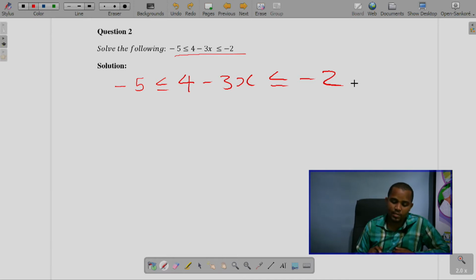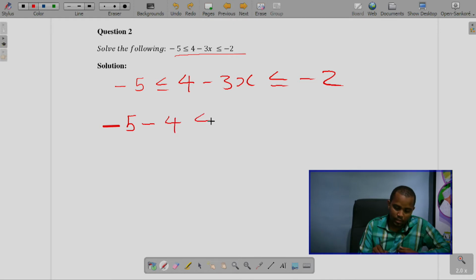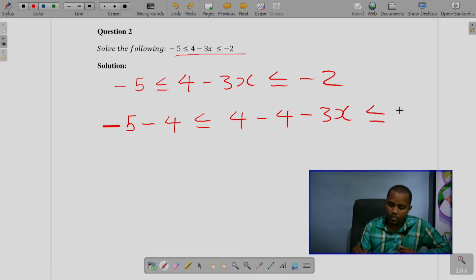The second step is to subtract 4 from all parts of the inequality. So we'll have negative 5 minus 4 less than or equal to 4 minus 4 minus 3x less than or equal to negative 2 minus 4.